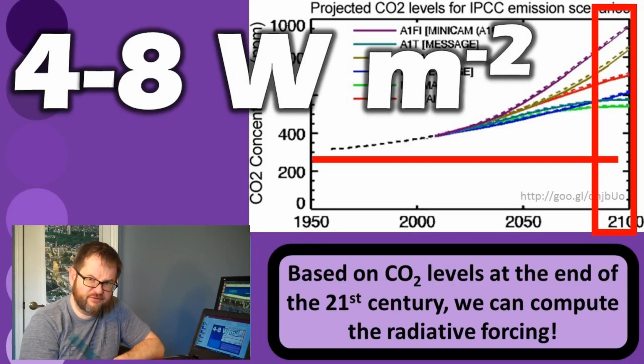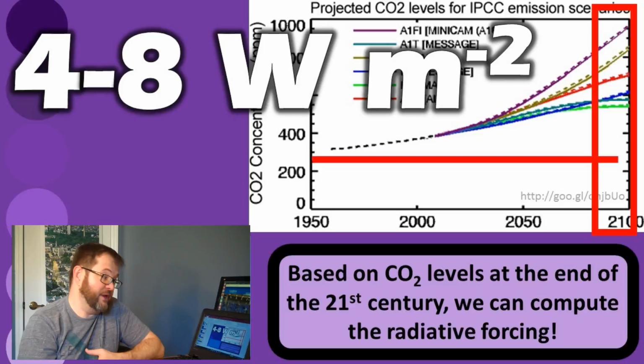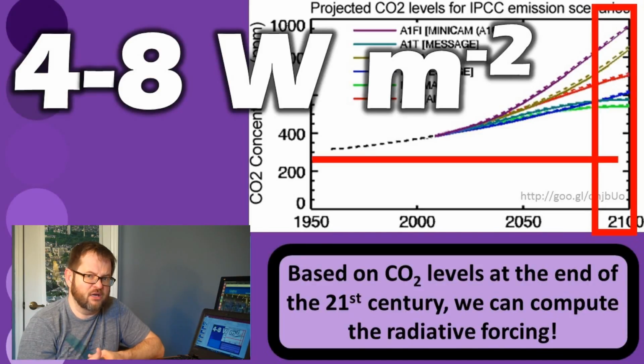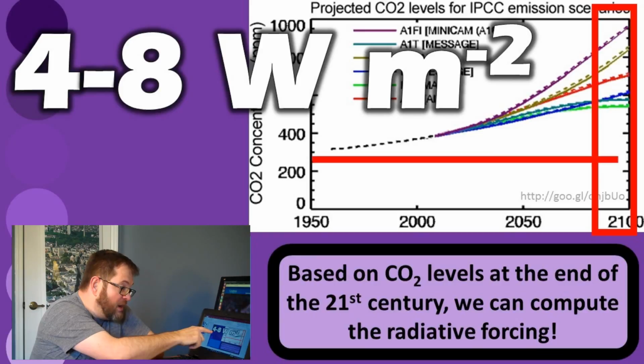Remember radiative forcing from previous units? This is the idea of how much imbalance there is between the amount of energy going in and the energy going out. You might remember that at the present time, the radiative forcing on the climate, the imbalance, is about 0.6 watts per square meter. Oh, 0.6 is smaller than that number of 4 watts per square meter.